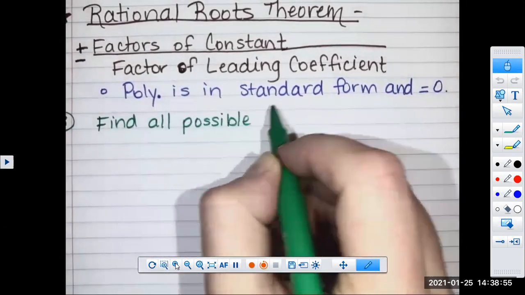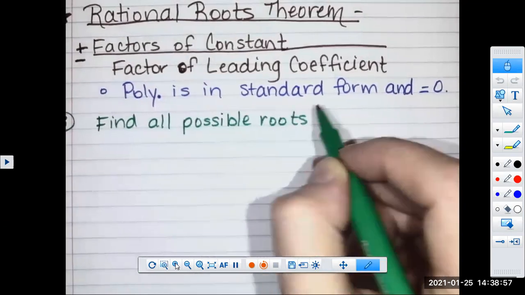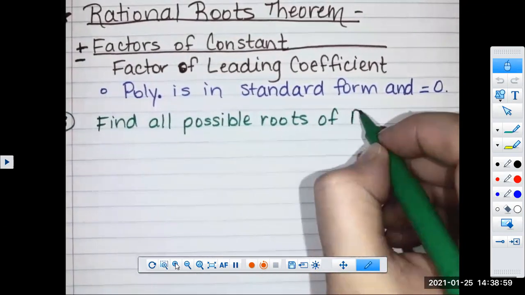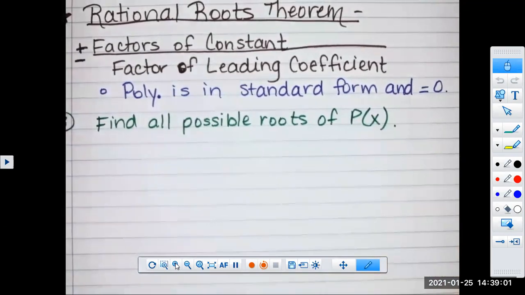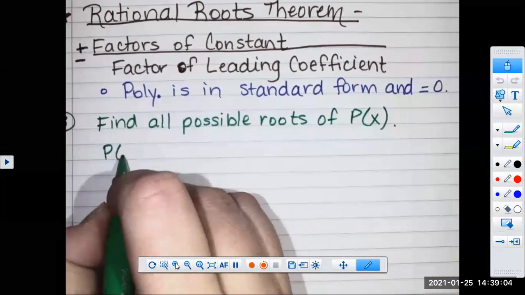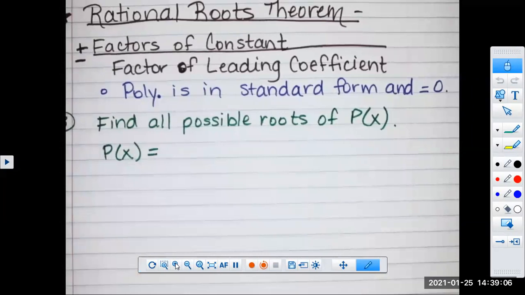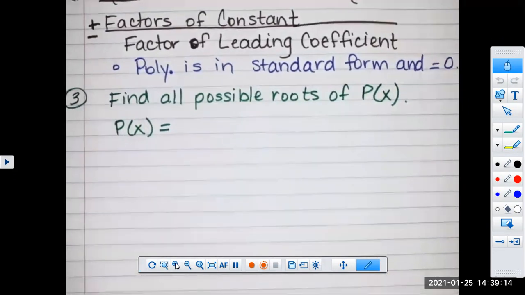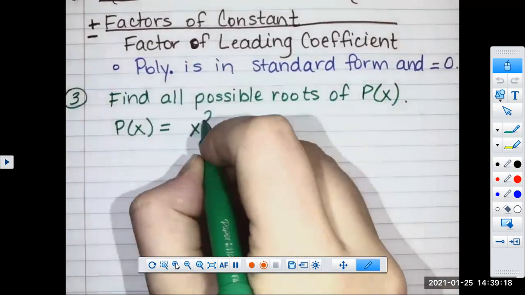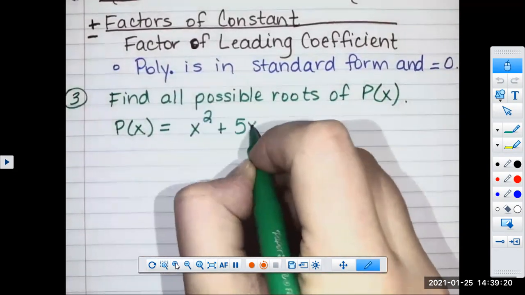Find all possible roots of polynomial p of x, and they give you p of x equals x squared plus 5x plus 2.